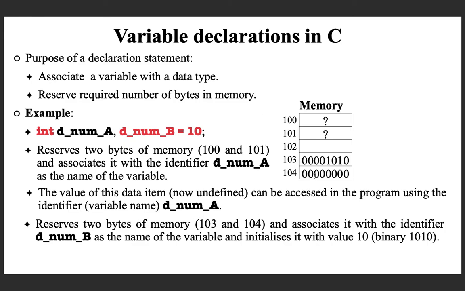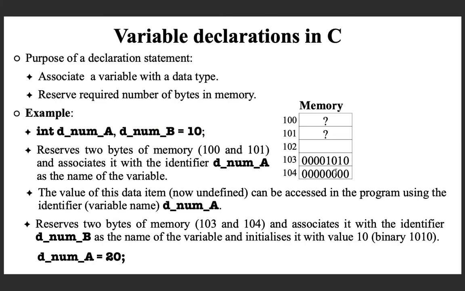It reserves 2 bytes of memory, say 103 and 104, and associates it with an identifier, dnum B, as the name of the variable, and also initializes it with the value 10. And the binary equivalent is 1010, so this is the least significant byte and this is the most significant byte.